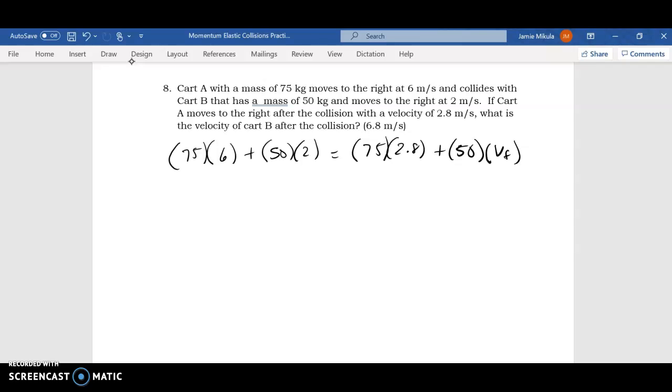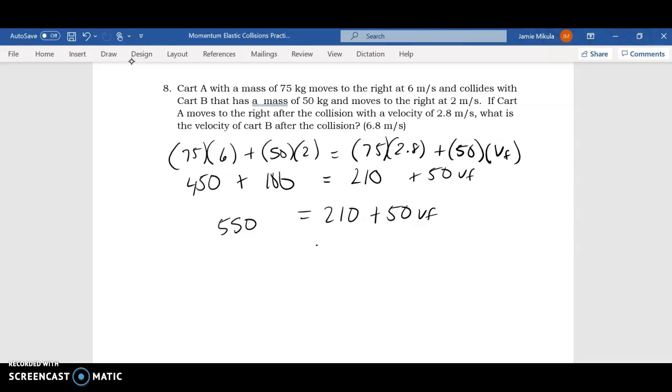So 75 times 6 is 450 plus 100, so that's 550 on this side, equals 75 times 2.8 is 210 plus 50 VF. Okay, so subtract 210 from both sides, which is 340 equals 50 VF. Divide by 50 on both sides. And you get 6.8.